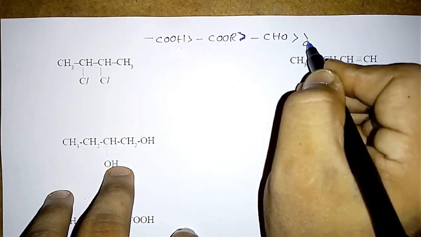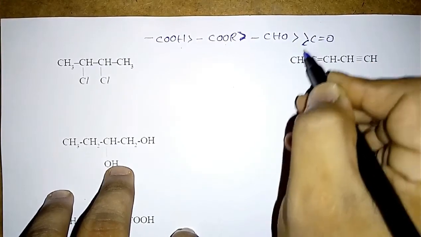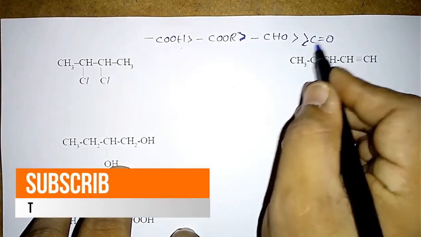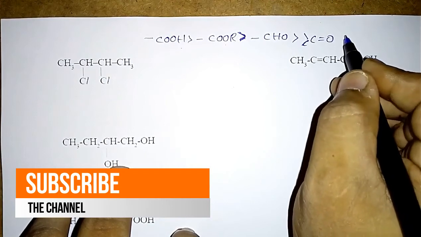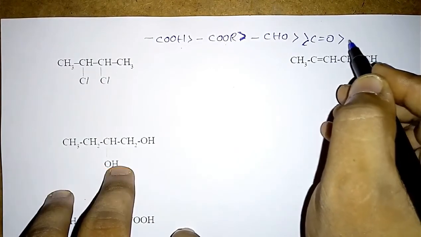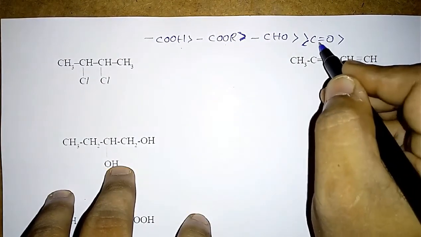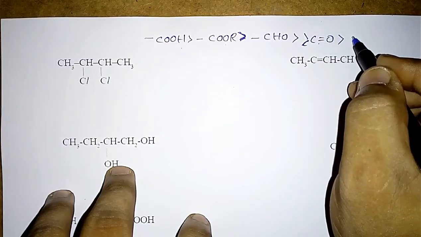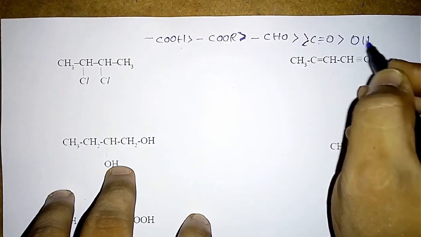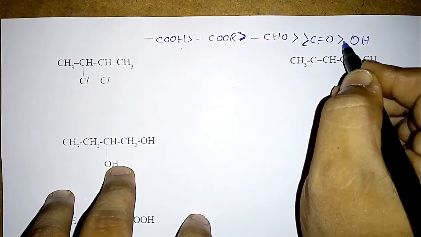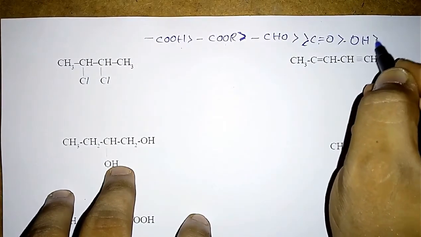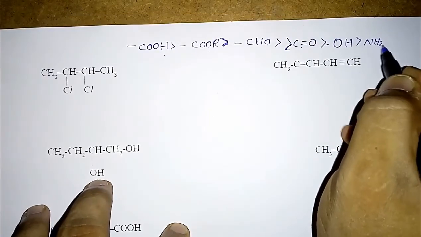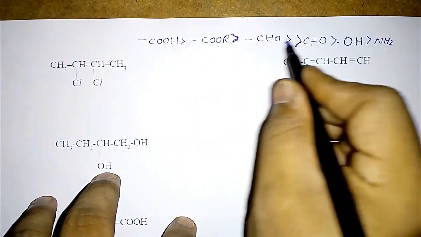What is our ketone? Here RC double bond O R dash. After ketone comes our alcohol, OH functional group. After alcohol, the last one is our amine, NH2 functional group. So this is our priority series.